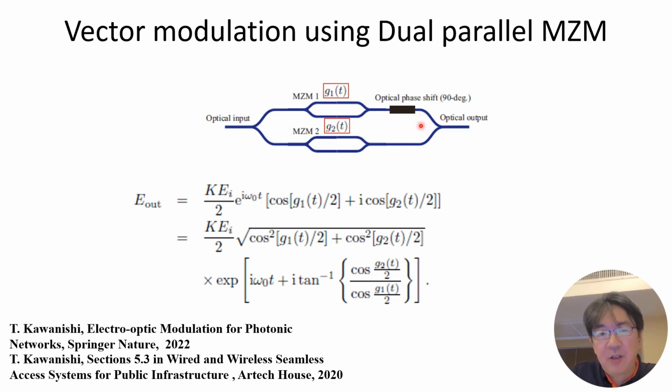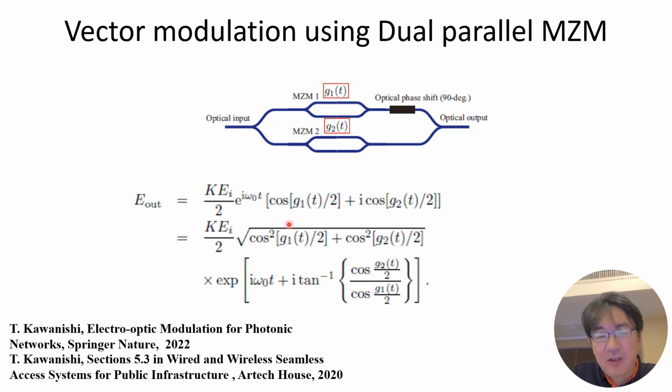By using the optical phase shifter, we can define the cosine component and the sine component. And on the cosine component, we can change the amplitude by this Mach-Zehnder modulator 1, and here is Mach-Zehnder modulator 2 for the sine component.